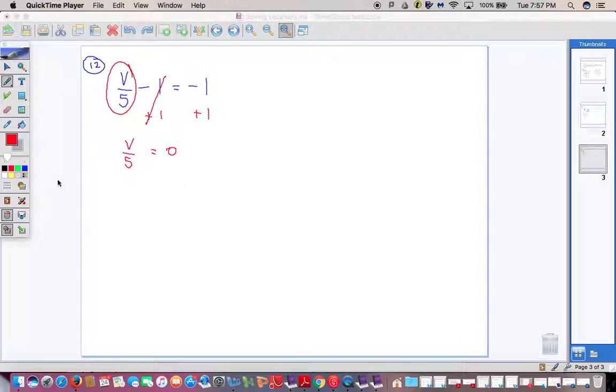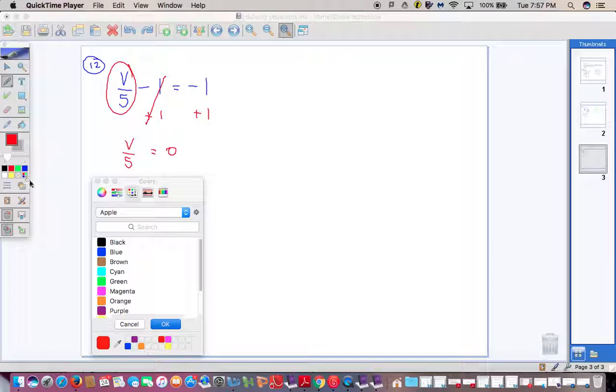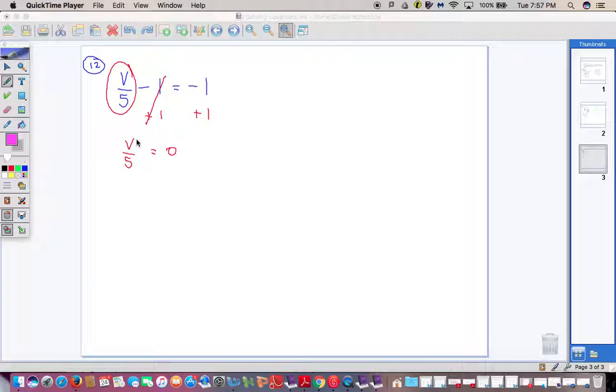Okay, now I can look at this and see that I have v divided by 5. This is the same as 1/5 v equals 0. So my numerical coefficient here would be 1/5. Okay, so the numerical coefficient of v divided by 5 is 1/5.